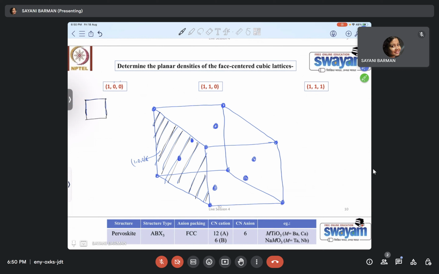And along the plane, as it shows, there are four atoms in the four corners and one at the center. And this is the face diagonal, right? How does the face diagonal form? Like this.